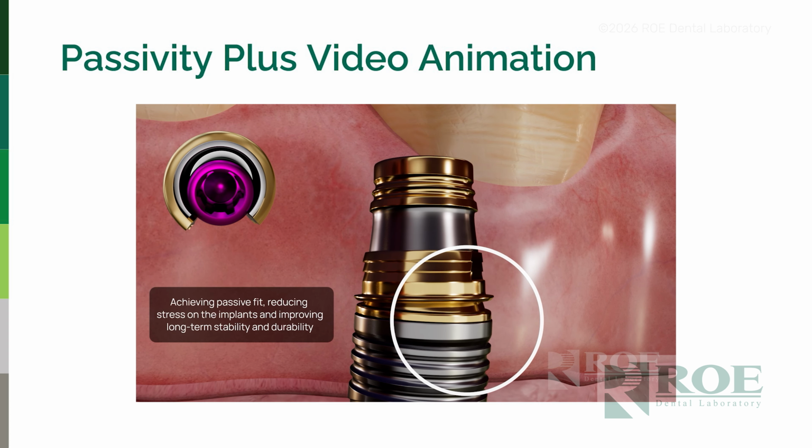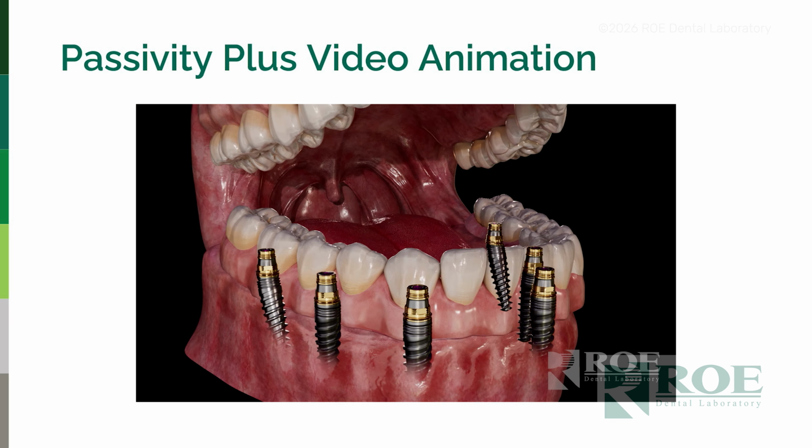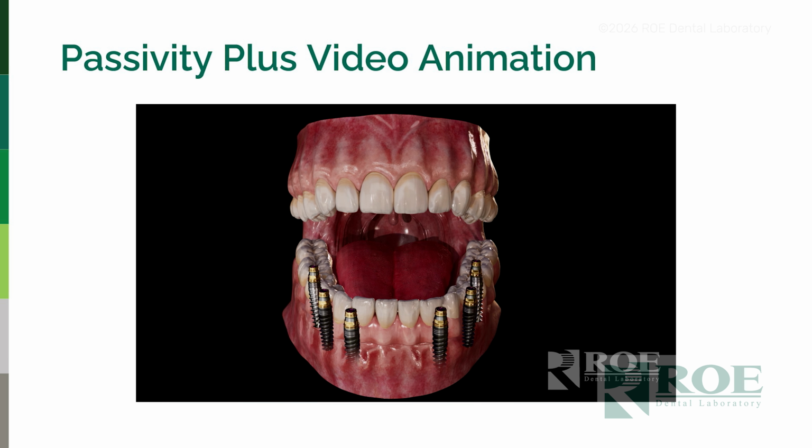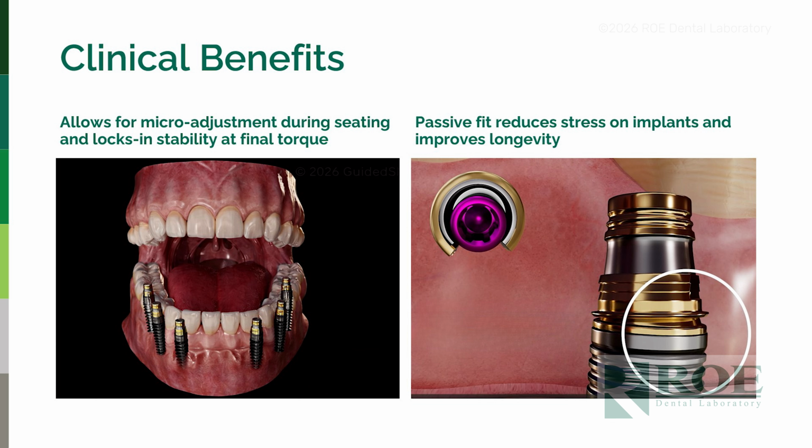And remember, once it's locked down into position, it cold welds inside. It's not something that obviously keeps moving. So the clinical benefit allows for micro adjustment during the seating and locks in that stability at the final torque, reducing the stress on the implants, which is really what we're trying to do.